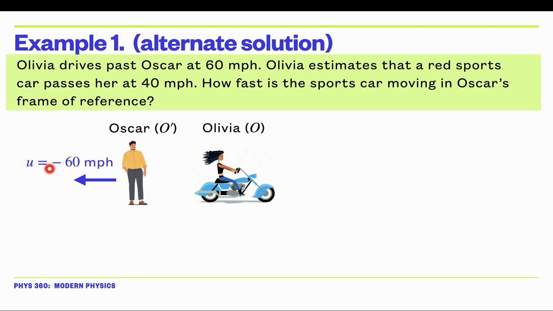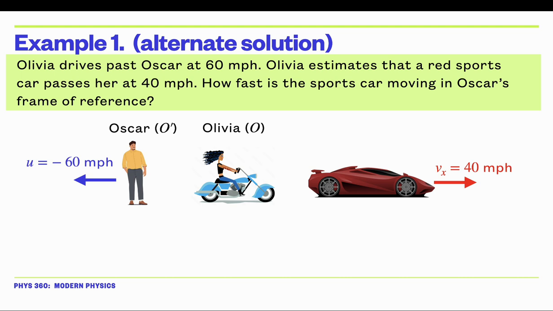So u is again the velocity of the O prime frame relative to O. Now when Olivia measures the velocity of the red car, she is in the unprimed frame, so we assign Vx to be 40 miles per hour. And now we're trying to find Vx prime to find out what Oscar sees. So we use a different equation now because we're trying to solve for Vx prime instead of Vx.